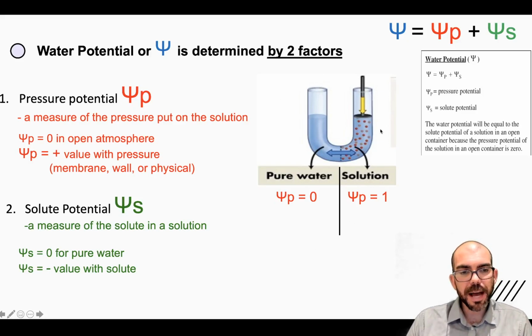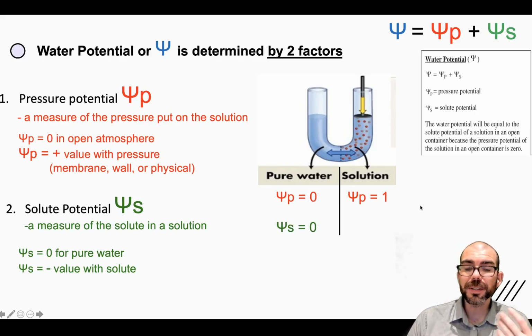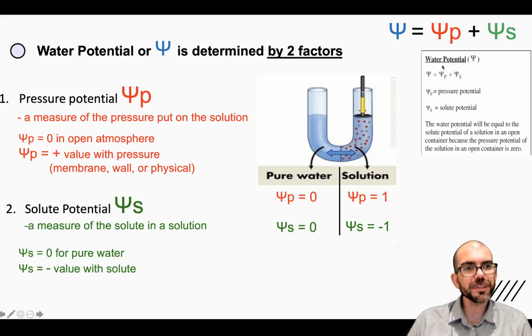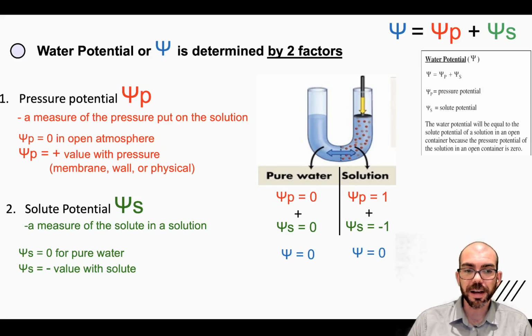So to refer to this apparatus again, on the left-hand side where I have pure water, the solute potential is 0. There's no solute in the solution. This solution, however, has quite a bit of solute and has a solute potential of -1. So plugging these values into the water potential equation, I add the pressure to the solute, and that gives me a water potential of 0 for both sides.